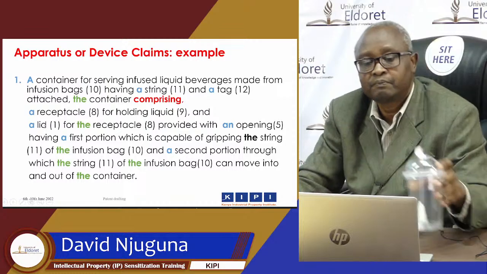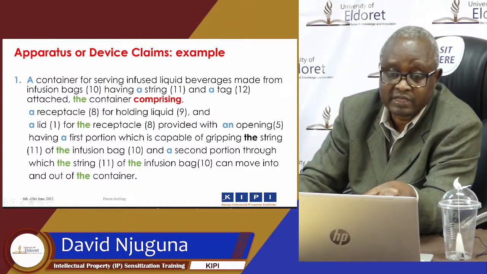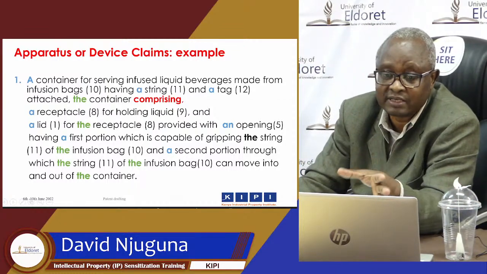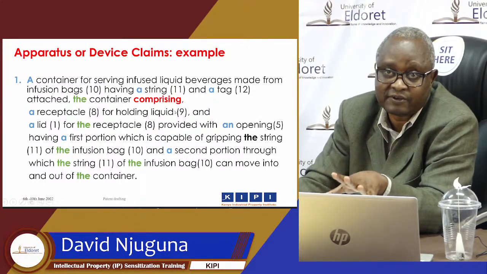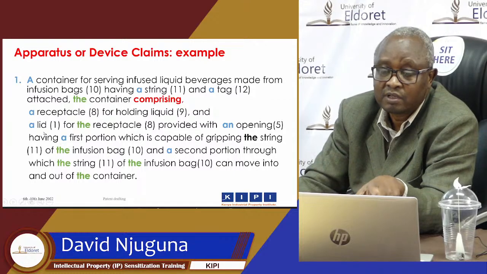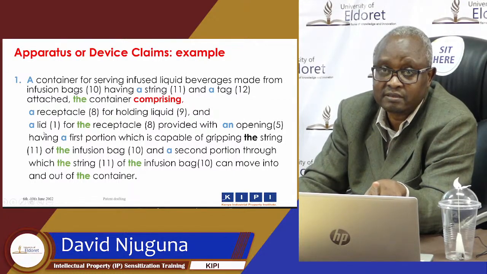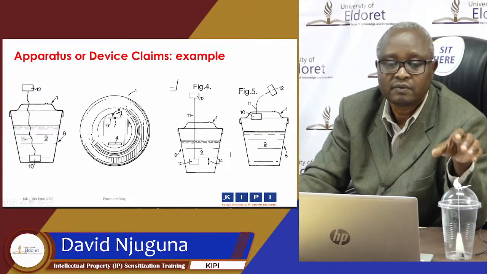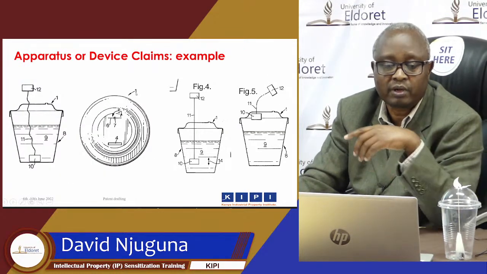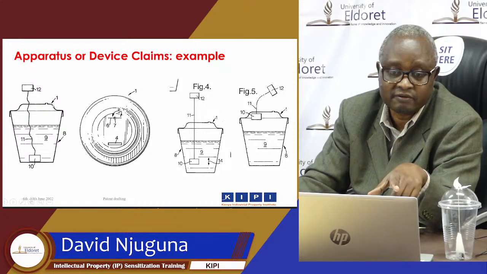So you have a lid, and you see from the receptacle, there's nothing much said about it later on. A receptacle for holding liquid. Its job is done as far as you are concerned. Then there's a lot of information about the lid, how it's configured. That's a lid. That is where you have number 1, or in a different drawing.